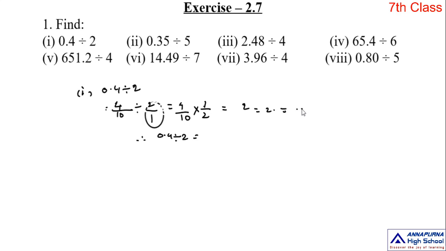Therefore 0.2. So 0.4 divided by 2 is equal to 0.2.